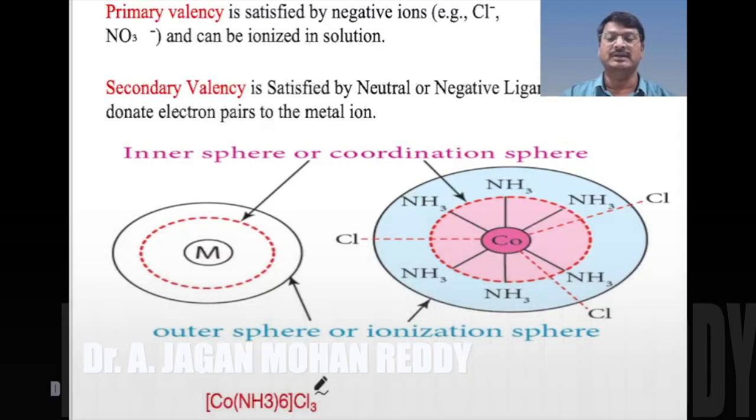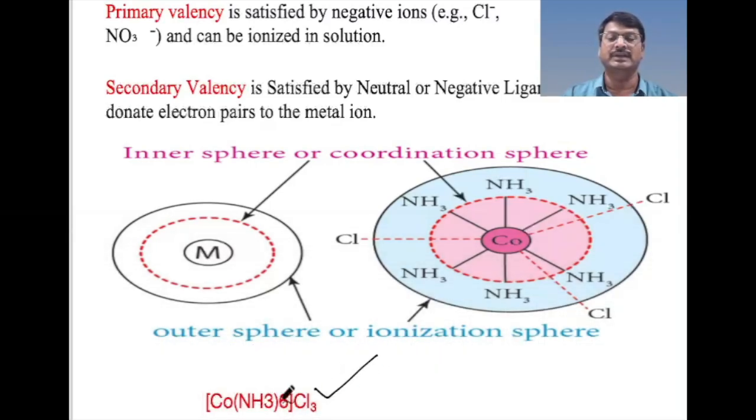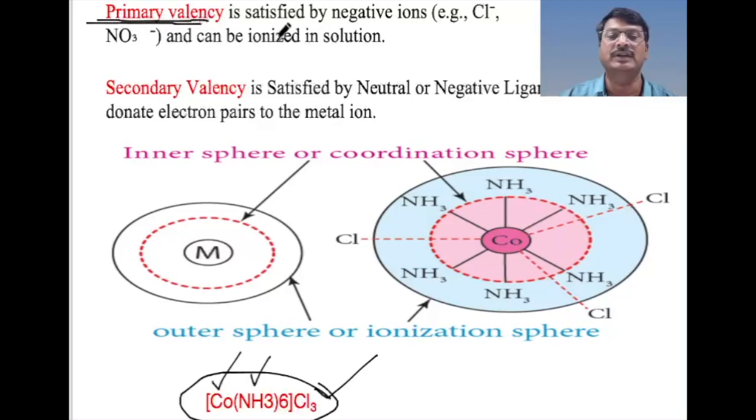For example, let us take Co(NH3)6Cl3. In this coordinate compound, the central metal ion is cobalt and the ligands are ammonia. Generally, primary valency is satisfied with negatively charged ligands, and secondary valency is satisfied with neutral or negatively charged ligands.